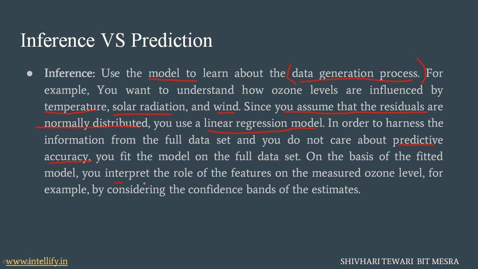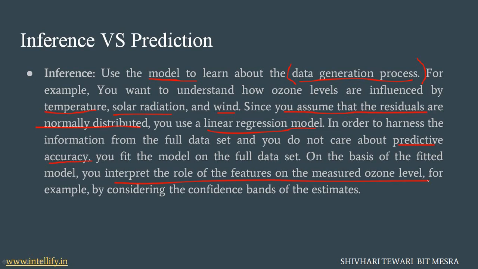That means we only interpret the result, that this thing is happening to ozone level, and these are the consequences of ozone levels till now. And in that case we are not going to forecast something about what will happen in the future.